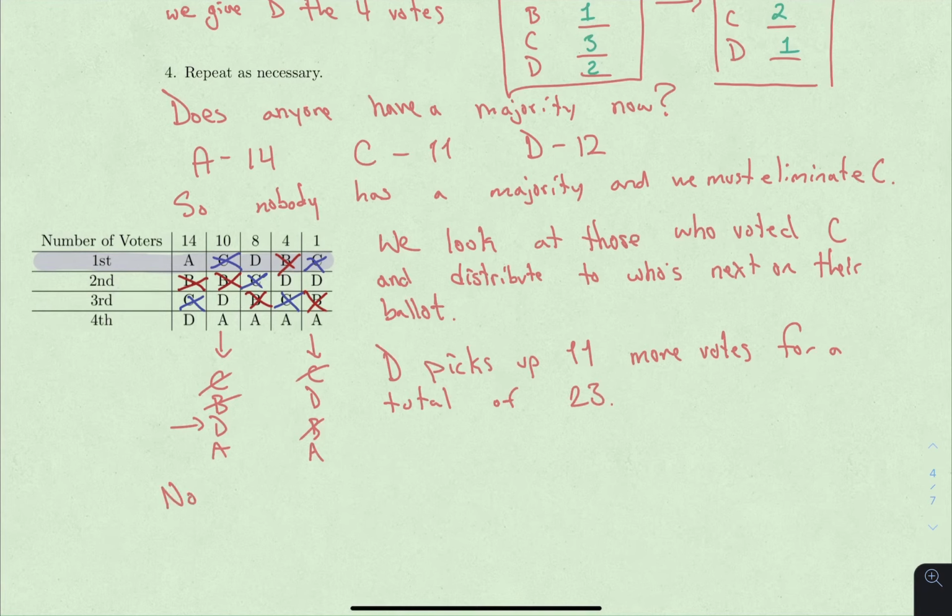Now D has a majority, and wins the election.